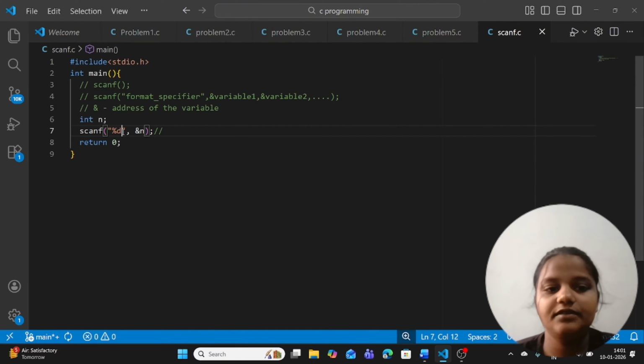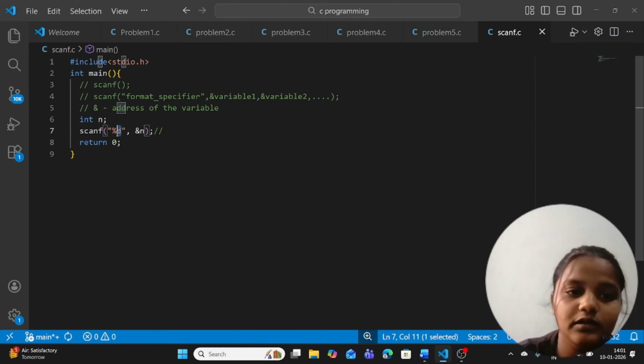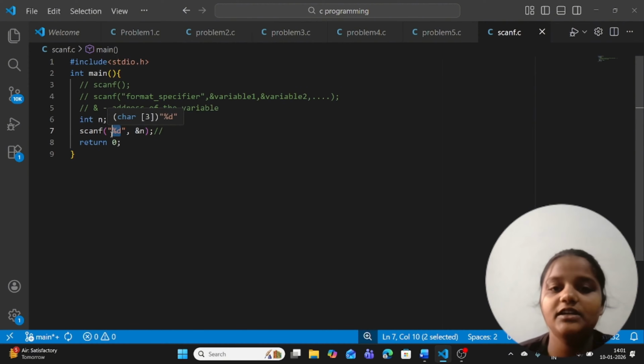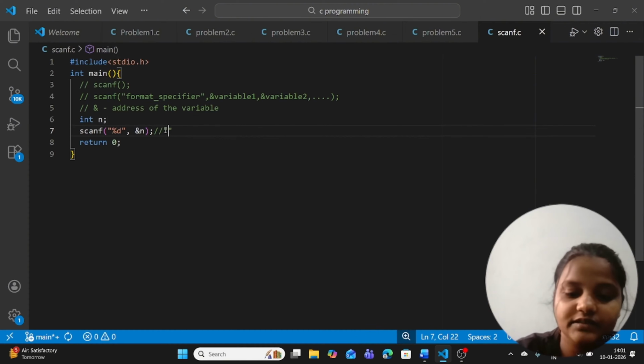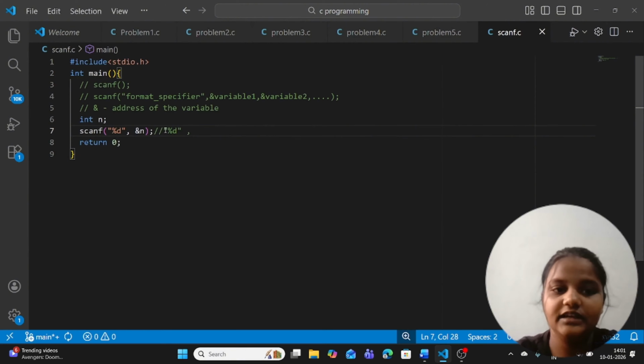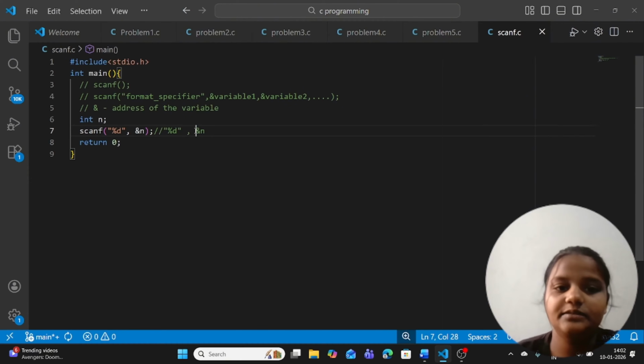This %d denotes an integer, and the ampersand symbol represents the address of the variable.